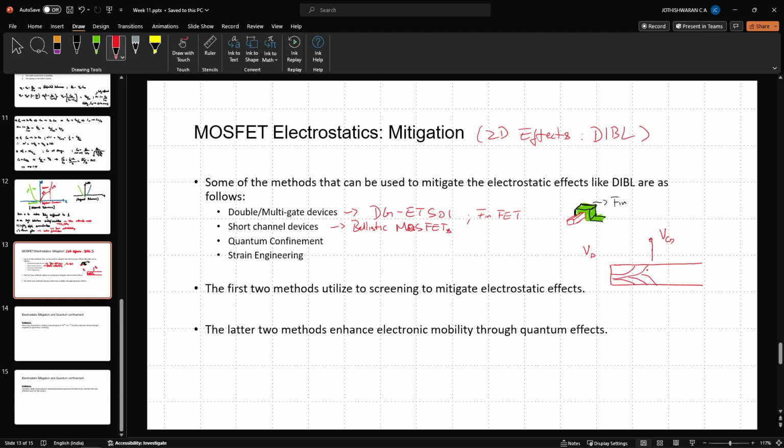These lines over here will affect the impact of the gate voltage. Ideally speaking, I will want my electric field lines not like this. This is not preferred.